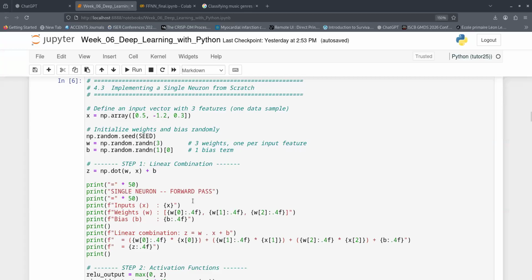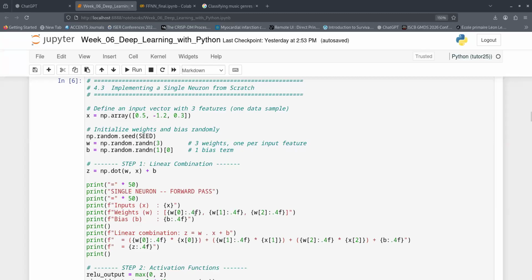The single neuron forward pass: we have the input, which is our x, and the weights coming from w. We rewrite the w here, we have 3 weights. To take the first value of w, the index is 0, because indexes in Python start from 0, so you have w1.